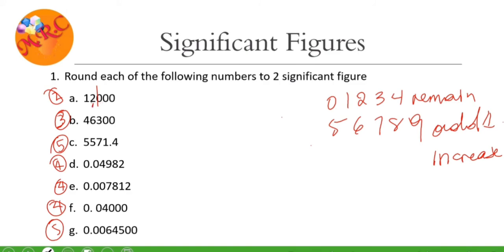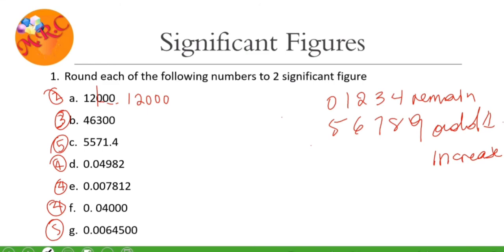But if it's 5, 6, 7, 8, 9 that comes after, then the 2 is going to increase by 1. When we look at the digit that comes after, it's a 0. So that means our number is not going to change. So when we write it down to two significant figures, it will still be 12,000. Because we'll fill these slots with placeholders, and the placeholders are 0, and what we had there was 0, right?